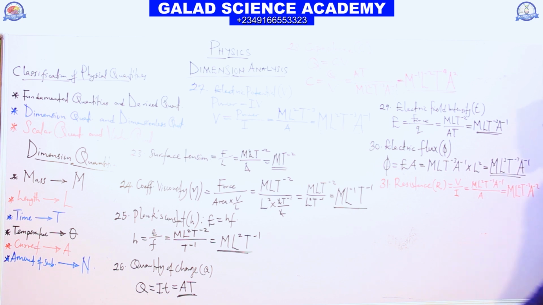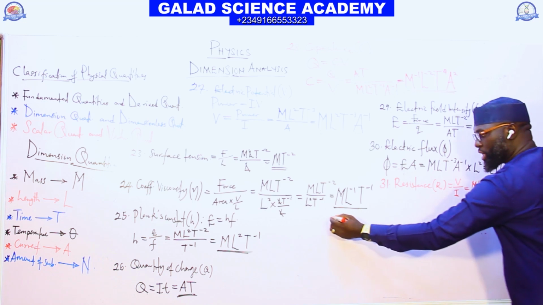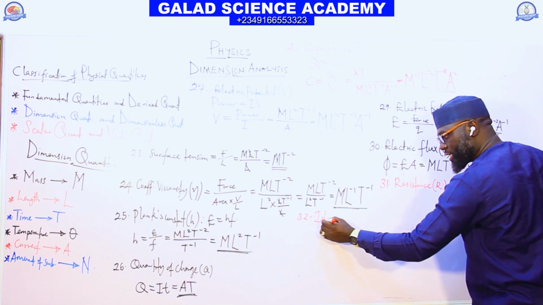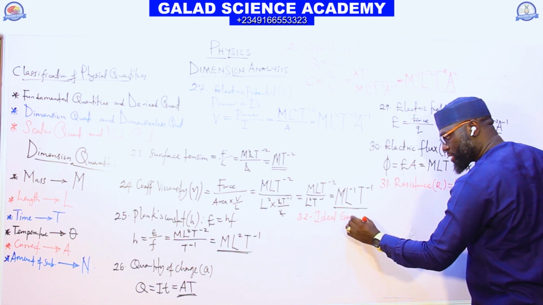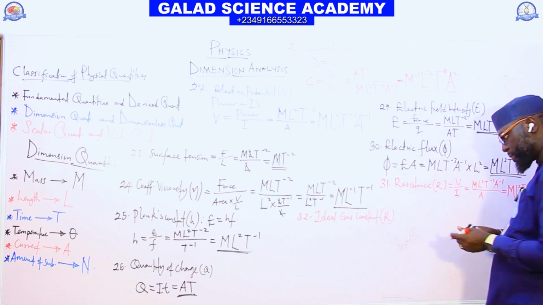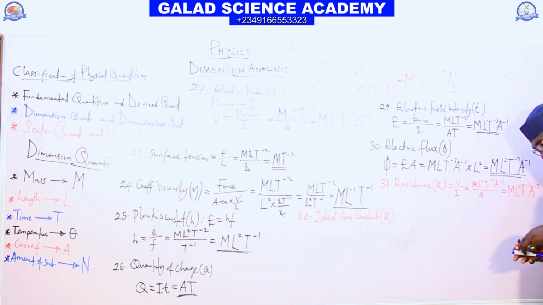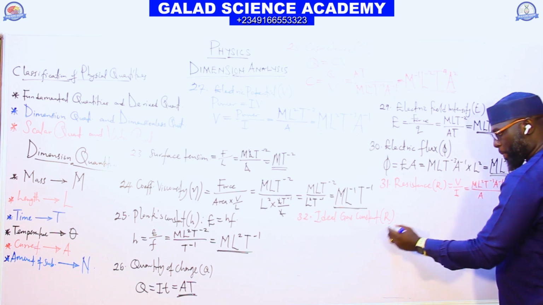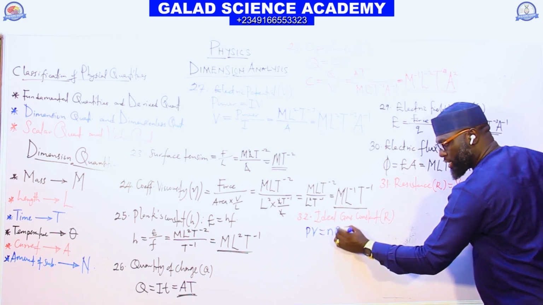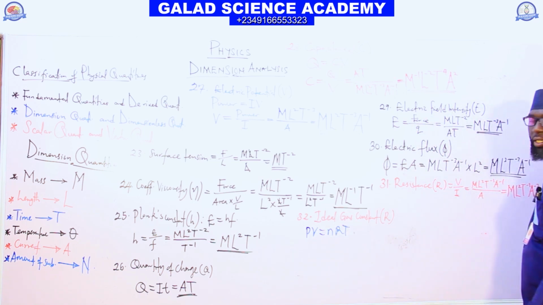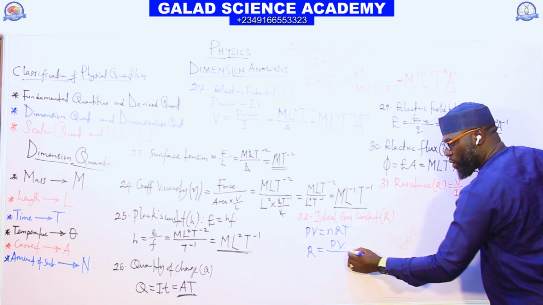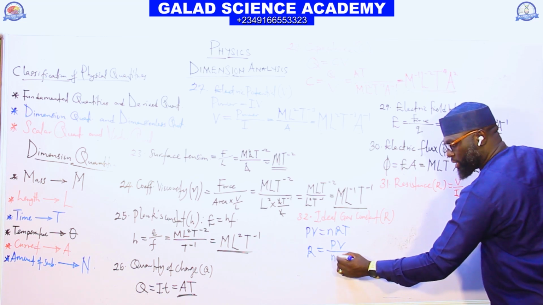The last one, number 32, is dimension for ideal gas constant, which is R. From the formula PV equal to nRT, R will be PV over nT.